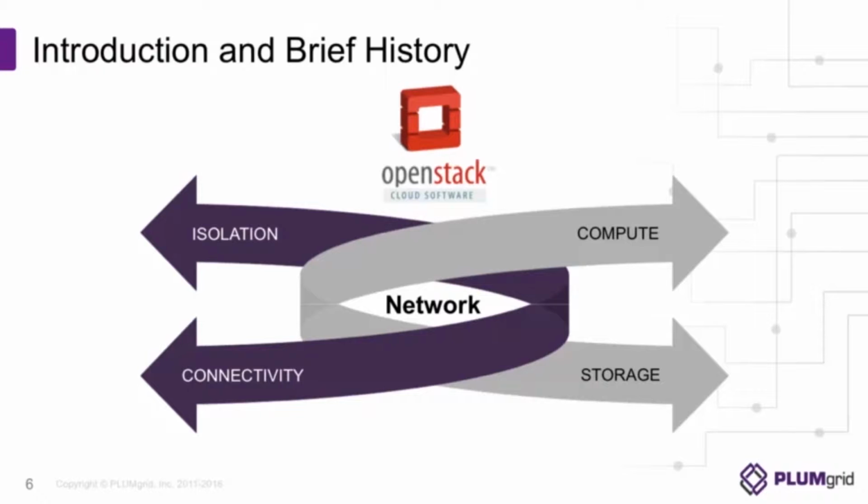You want the VMs or the containers that you spin up to either talk to each other or to be inaccessible from different points. And at the same time, it has to facilitate and not be in the way of communication with the compute and storage part of things.